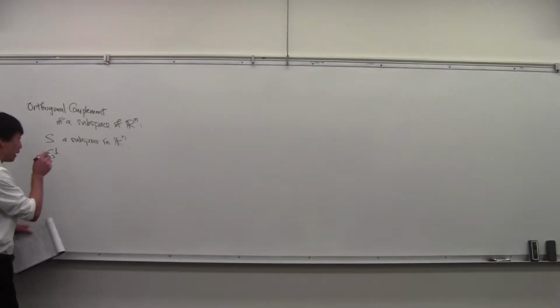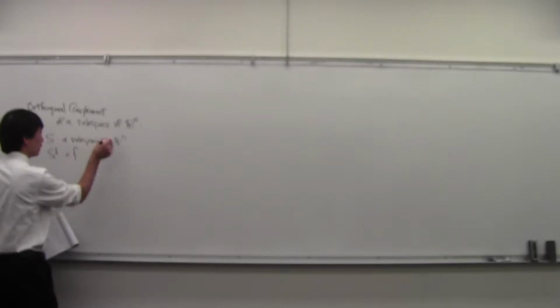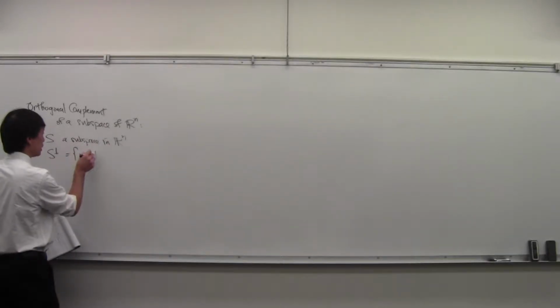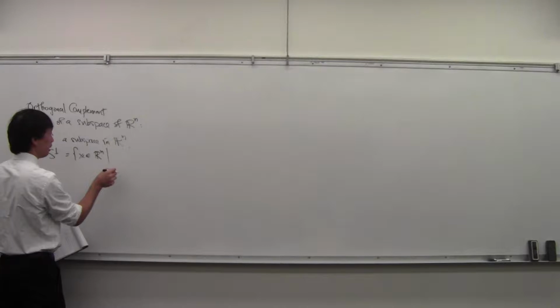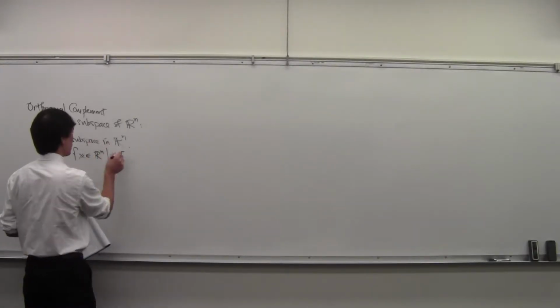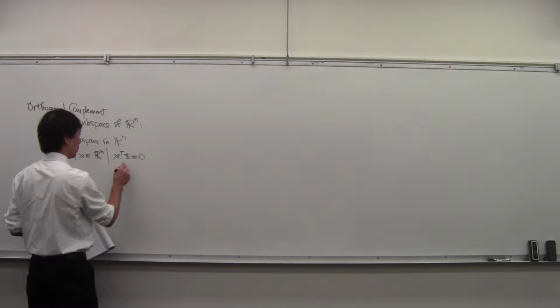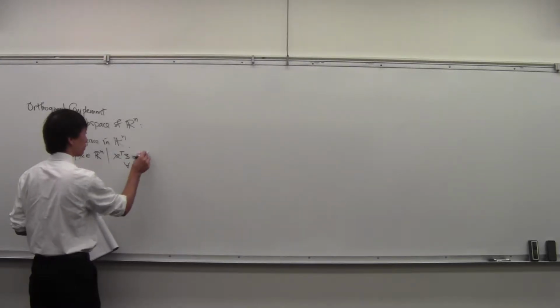That's right. It's the set of all vectors in Rn such that x is perpendicular to every element in that subspace.